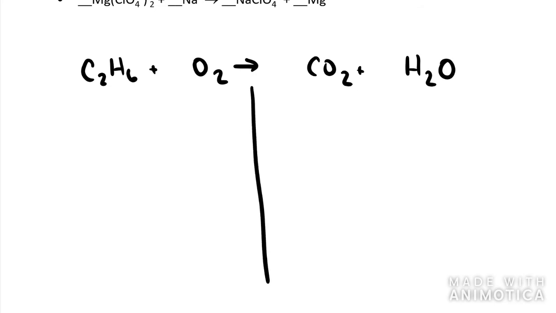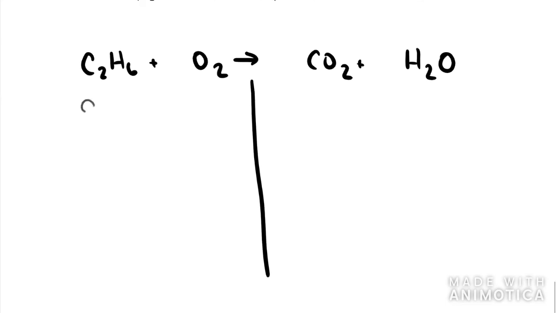Now we list them out. So hydrogen and oxygen are always the two we're going to do last, oxygen at the very, very last. So even though there are no metals here, we're going to start with carbon, then we're going to go to hydrogen, and then we're going to go to oxygen. And remember, we keep the same order on the other side.